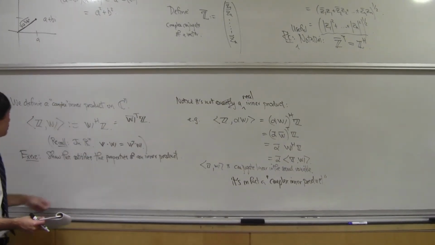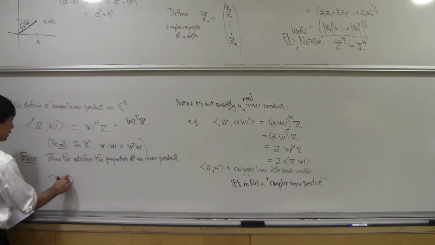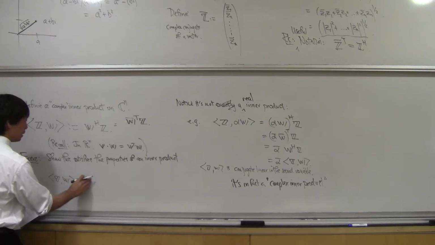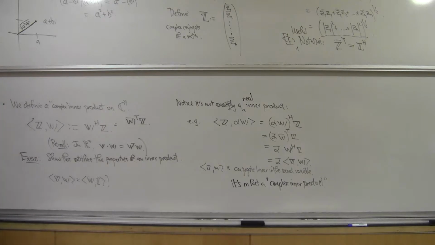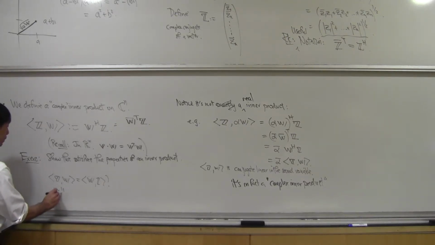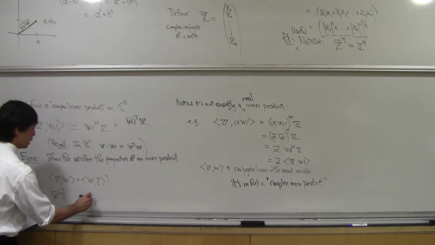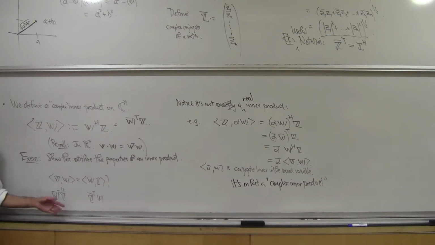The one that maybe should bother you more is this: is it true that Z against W equals W against Z? The answer is no, because this one is going to be W conjugate transpose Z, and this one is going to be Z conjugate transpose W. They'll both be some number, but in fact they'll be conjugates of each other.